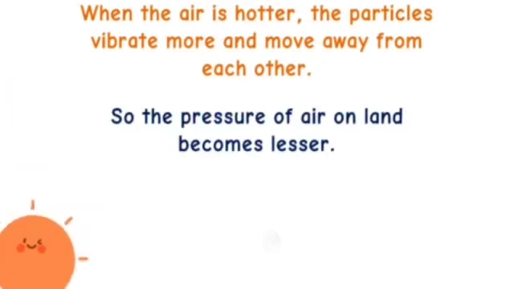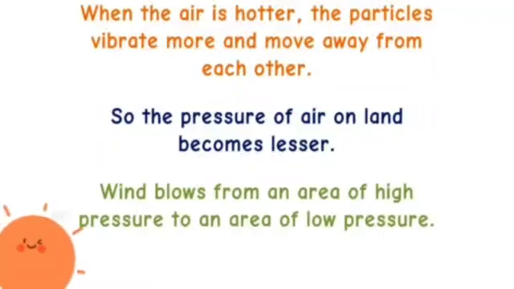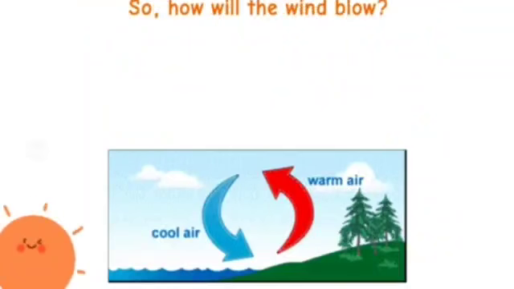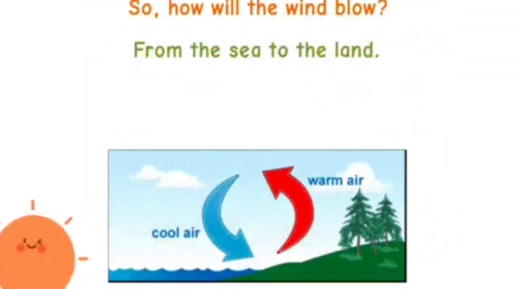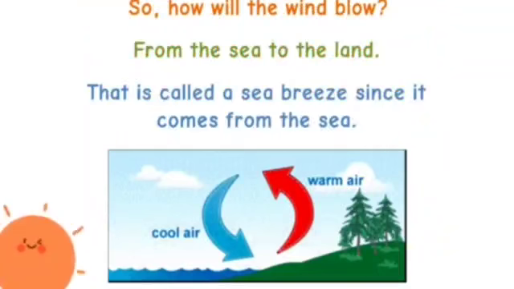So, the pressure of air on land becomes lesser. Wind blows from an area of high pressure to an area of low pressure. So, how will the wind blow? From the sea to the land. That is called sea breeze since it comes from the sea.